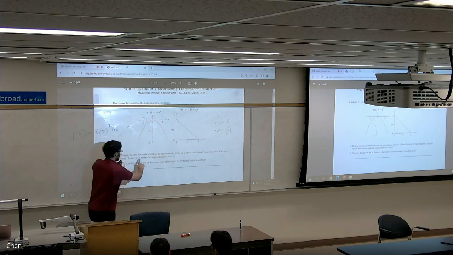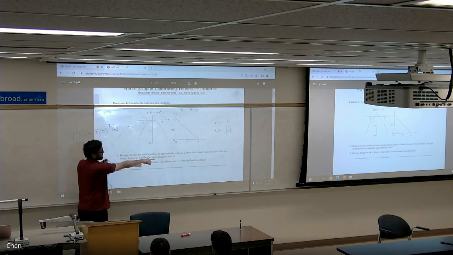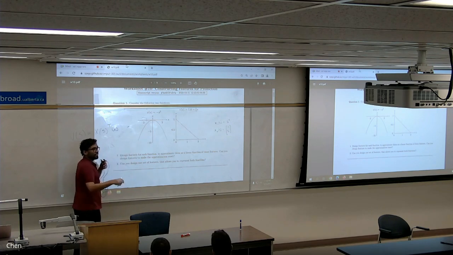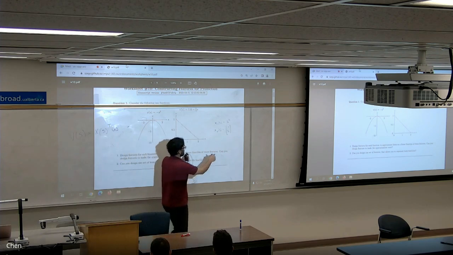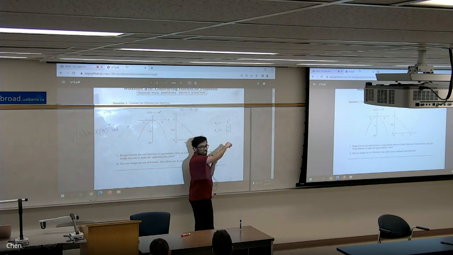Okay, and can you design features to make the approximation exact? Yes. Yes, Adam. Okay, what's W in the second example?